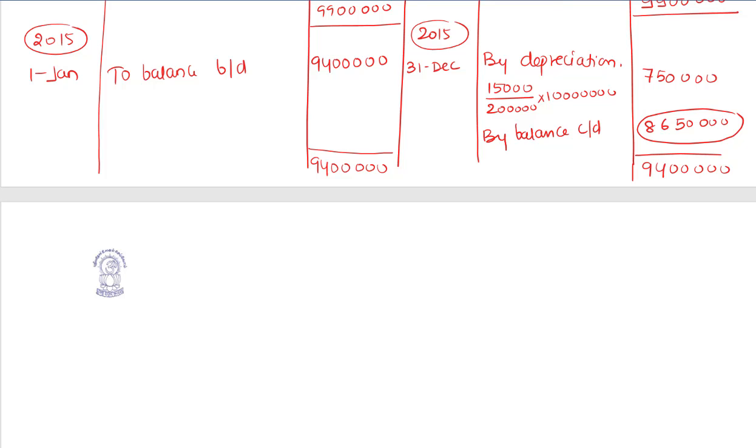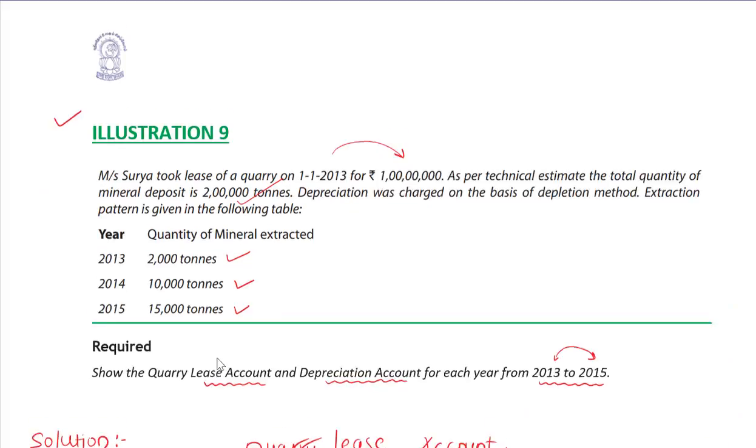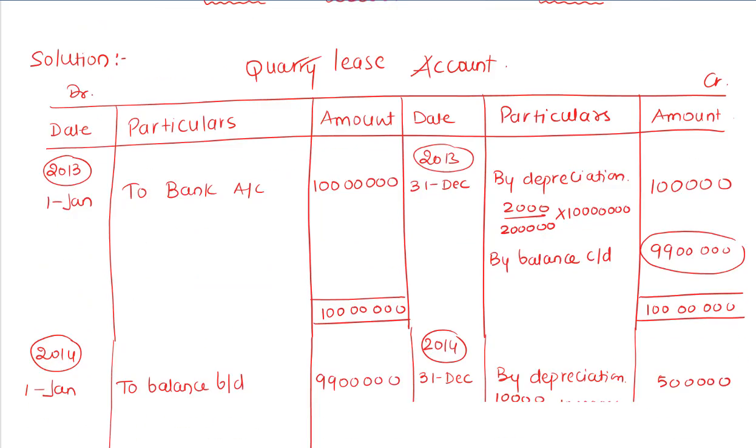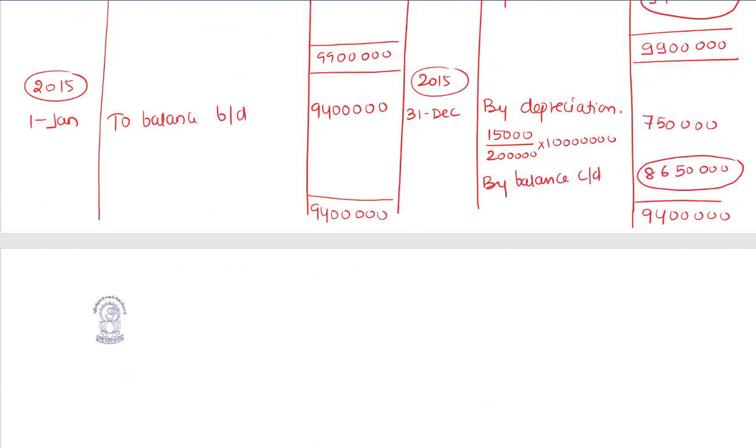Now let us make the depreciation account as required by the sum. We are done with the quarry lease account. Now let us make the depreciation account from 2013 to 2015.